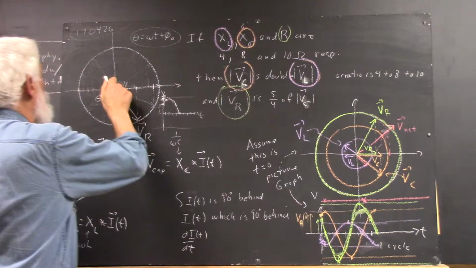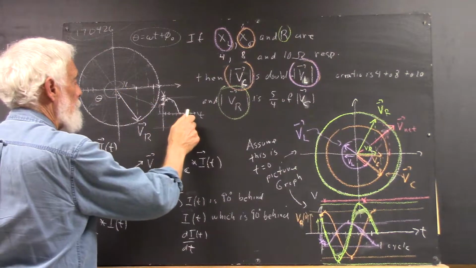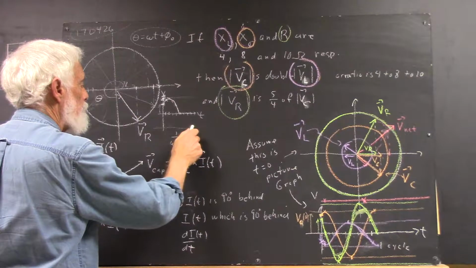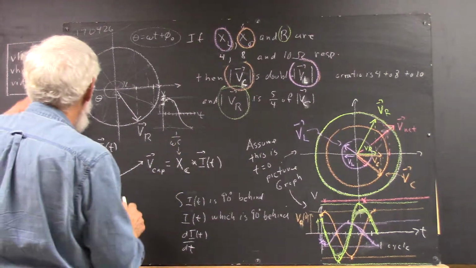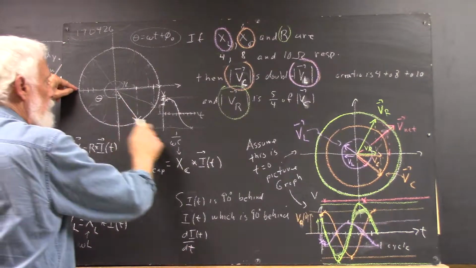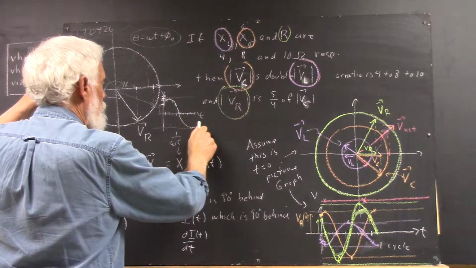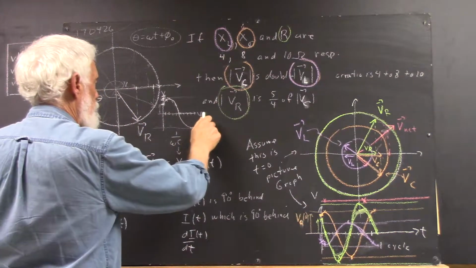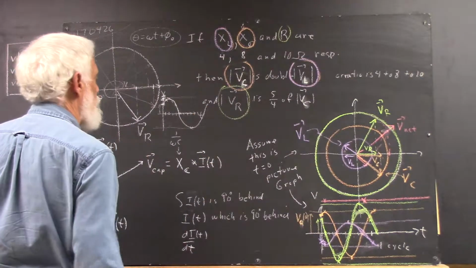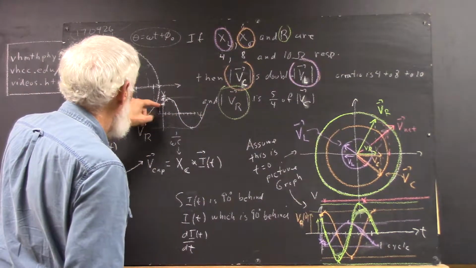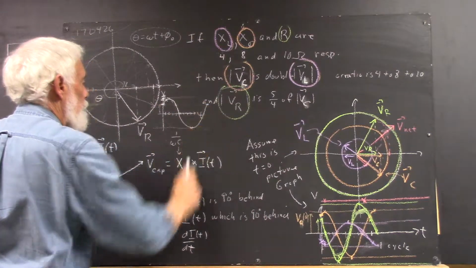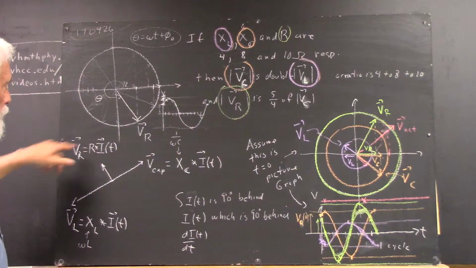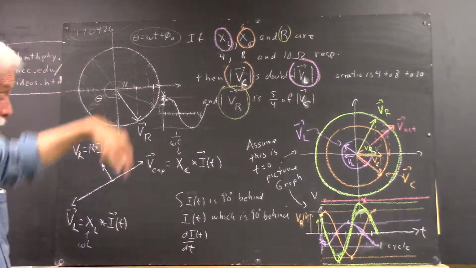And in 1, 2, 3 more increments, we'll have to be down here. And then what? In 3 more increments, we're going to be back up here. I didn't draw enough of the curve, but it's going to look something like this, and it's going to come back. By the time we've done 12 of these little increments, we're back to the same value of V that we started with. Now that's what the diagram is telling us.